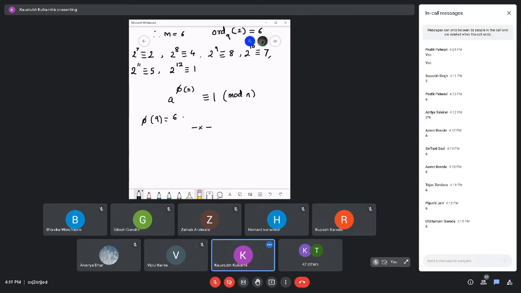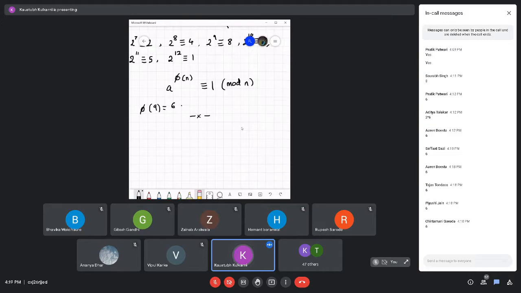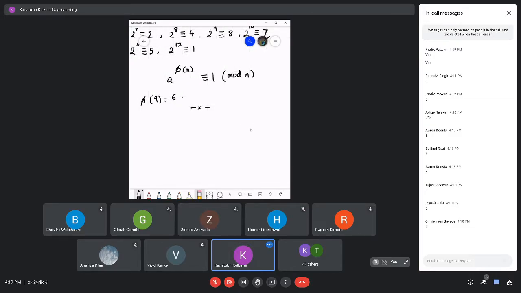Now there is a theorem which says that n is a positive integer, a is an integer, and GCD of a and n is equal to 1.